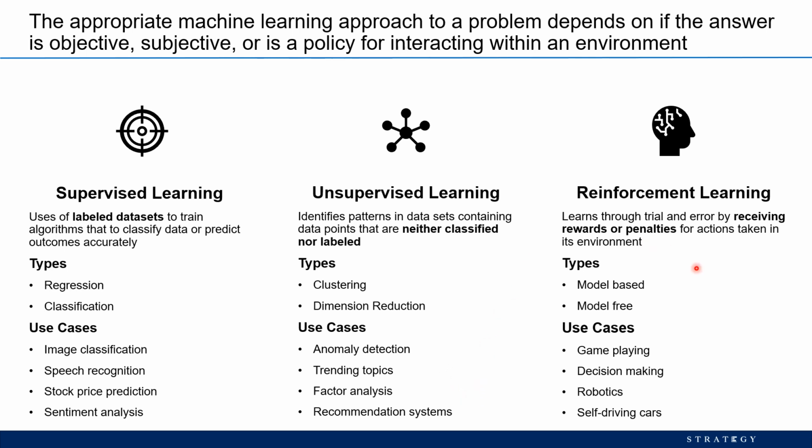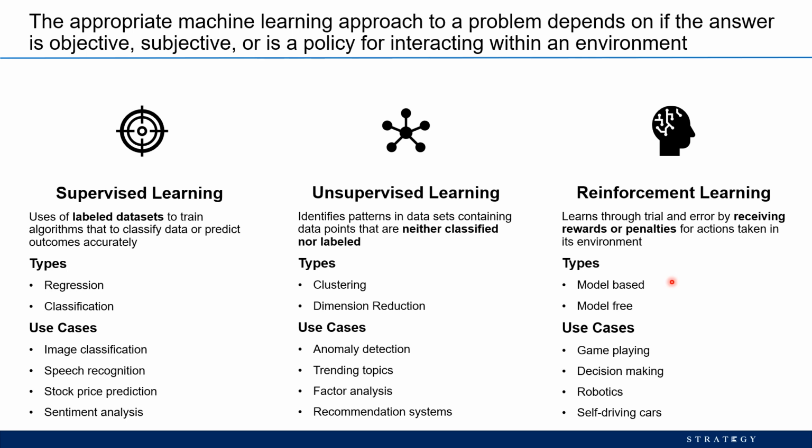With reinforcement learning, the main types are either model-based or model-free. Basically, if it's model-based, that means the agent knows all the different states within an environment. Think about playing chess, for instance. You can tell the agent how to quantize every single different state.